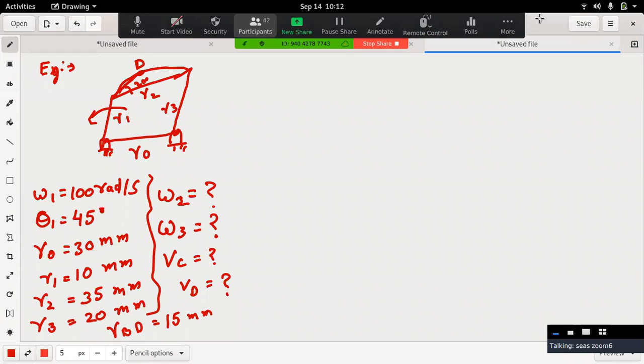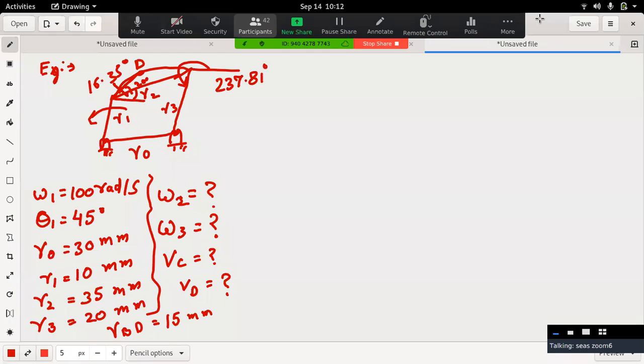If you remember the previous example while doing the position analysis, we got that link R2 was making 16.35 degrees, and similarly link R3 was making an angle of 237.81 degrees.